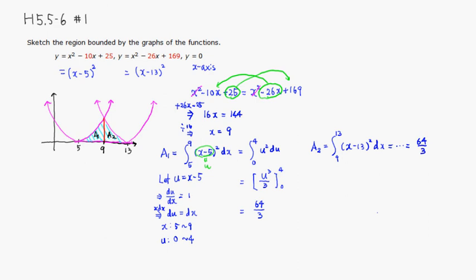Since the area we're looking for is the combination of A1 and A2, we will have 64 over 3 times 2, so 128 over 3. Let's type it in.